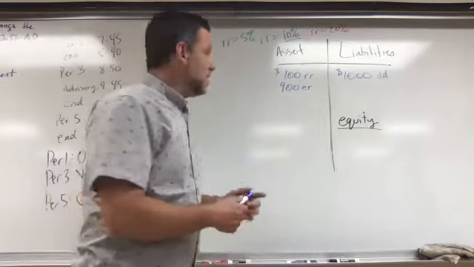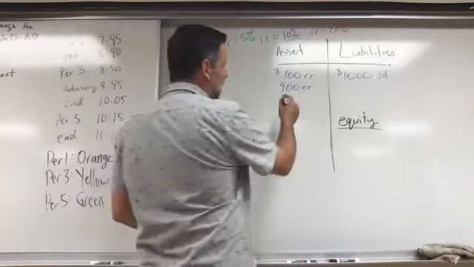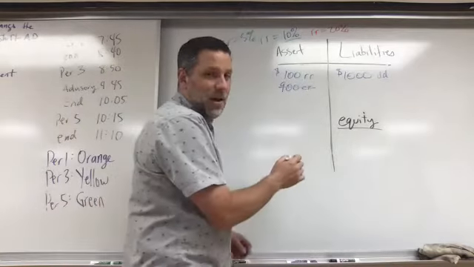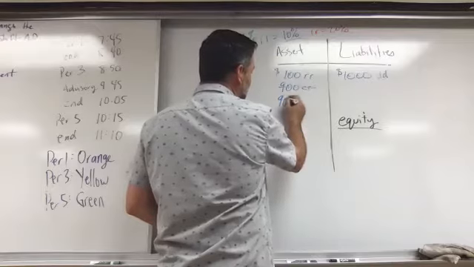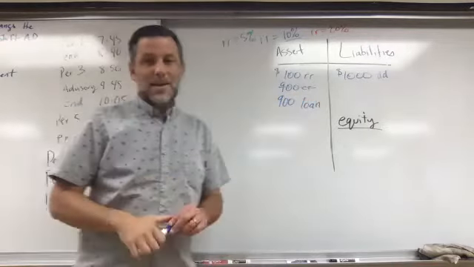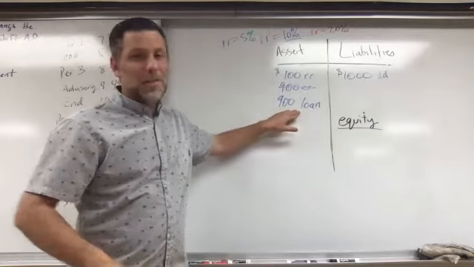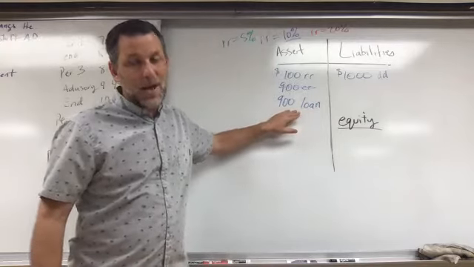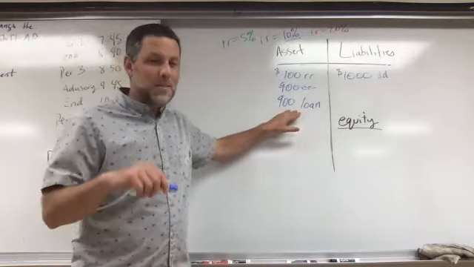If this bank wanted to, somebody could walk in and say, I want a loan. We could take off the excess reserves and turn that into a $900 loan. When it's loaned, the money is gone. It's out of the bank, but it's owed to the bank, so it goes on the asset side still, right?